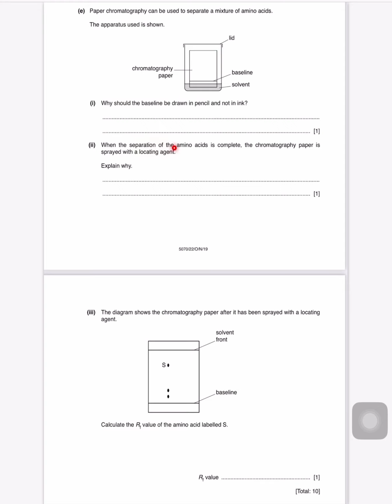So when the separation of the amino acid is complete, the chromatogram is sprayed with the locating agent. Explain why. So how to write the answer here?